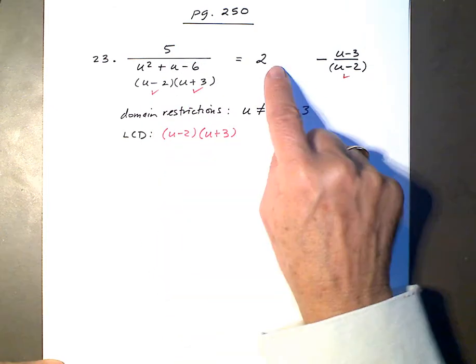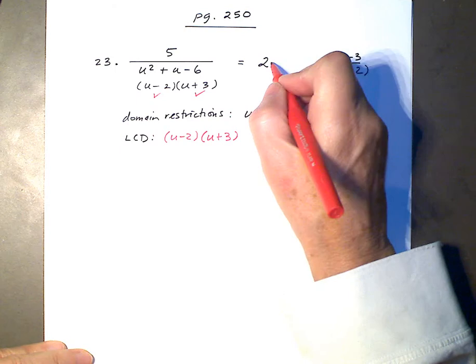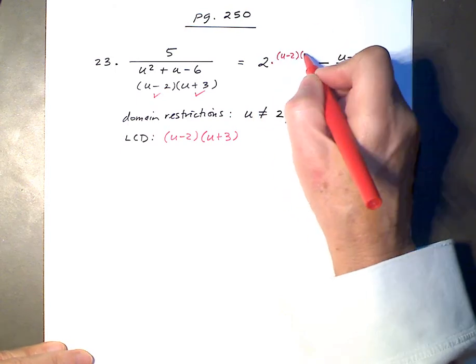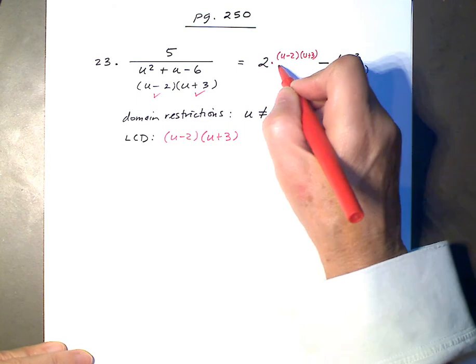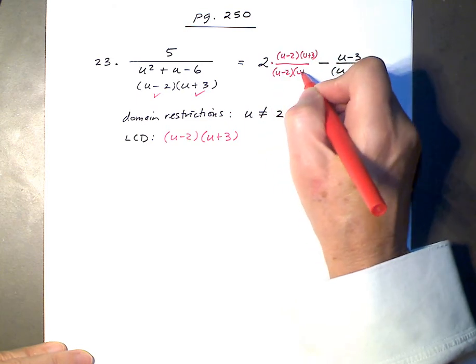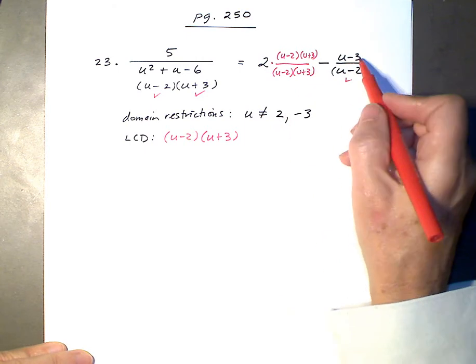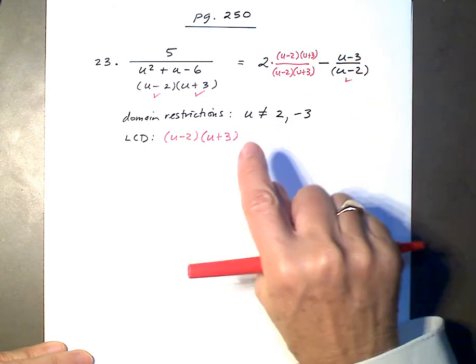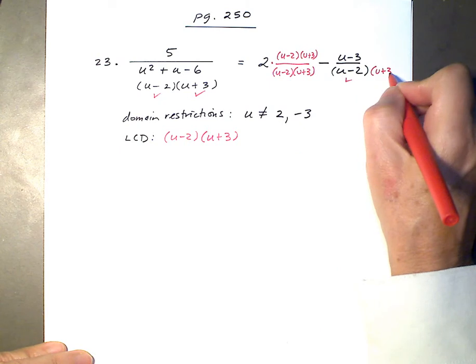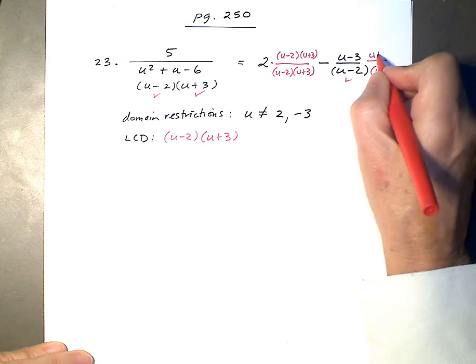This one has to be multiplied by 1 in the form of the lowest common denominator. And this last term, u minus 3 over u minus 2, I need the denominator to have a u plus 3, so I have to multiply that by 1 in the form of u plus 3 over u plus 3.